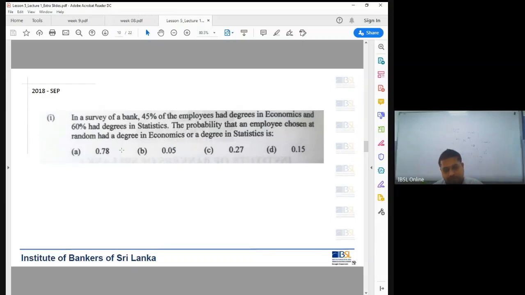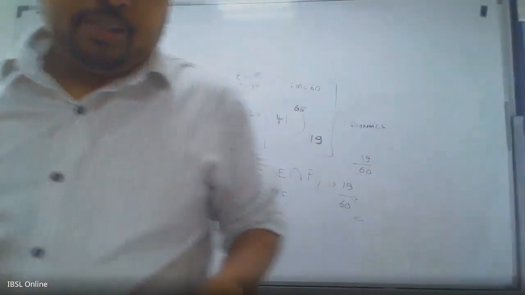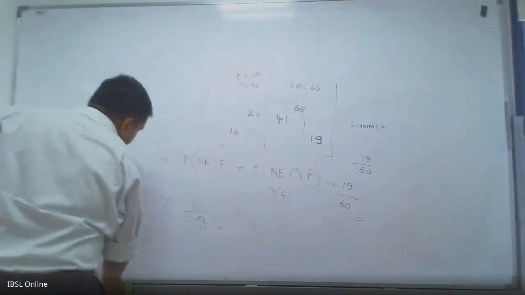You can use all three different methods. You can argue using probability set theory, you can argue using a tree diagram or a Venn diagram. So just for completion's sake, I'll try this question using a tree diagram.